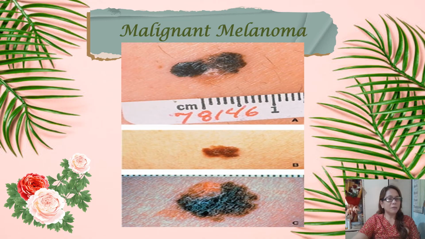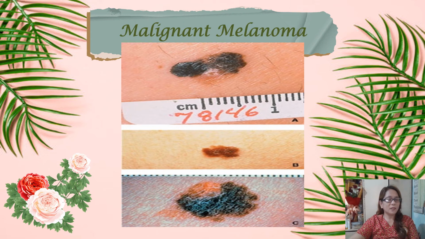Okay, so this image is an example of malignant melanoma. This image is from the American Cancer Society. So to determine if a mole is a malignant melanoma, you have to use the ABCDEFG of assessing malignant melanoma. First is the A, or asymmetry, diba?